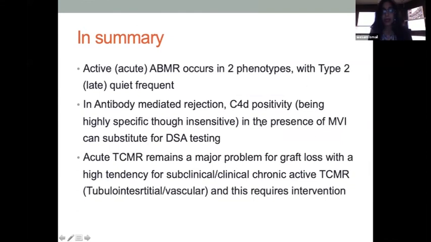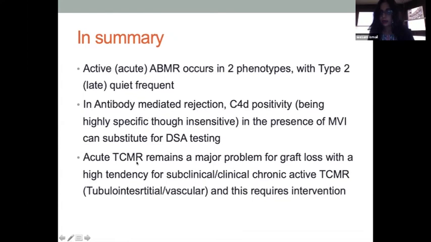So in summary, active or acute ABMR occurs in two phenotypes, with type 2 actually usually the late type, quite frequent. In ABMR, C4D positivity, being highly specific though insensitive, in the presence of NVI can substitute for DSA testing.